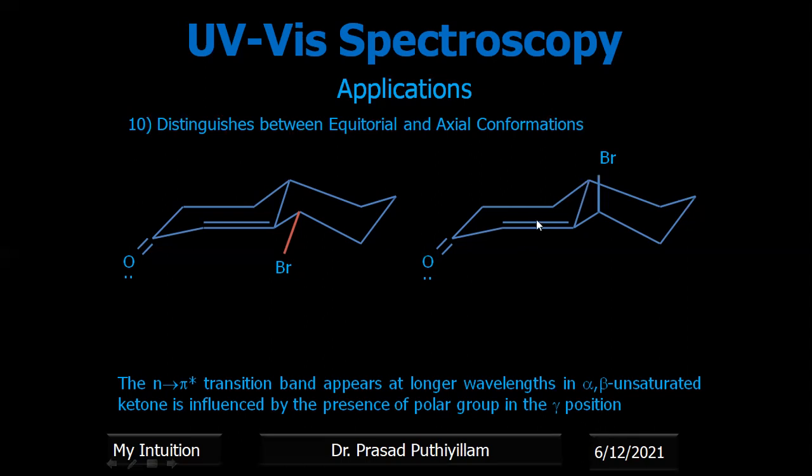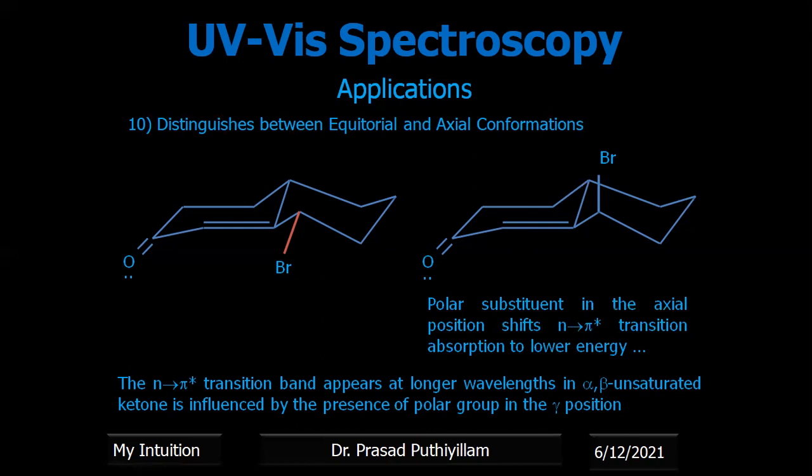Therefore, it takes very low energy for this n to pi star transition. So for the gamma position, only in the axial case, the polar substitution in the axial position shifts the n to pi star band to lower energy. Lower energy is required, so it absorbs at a higher wavelength.